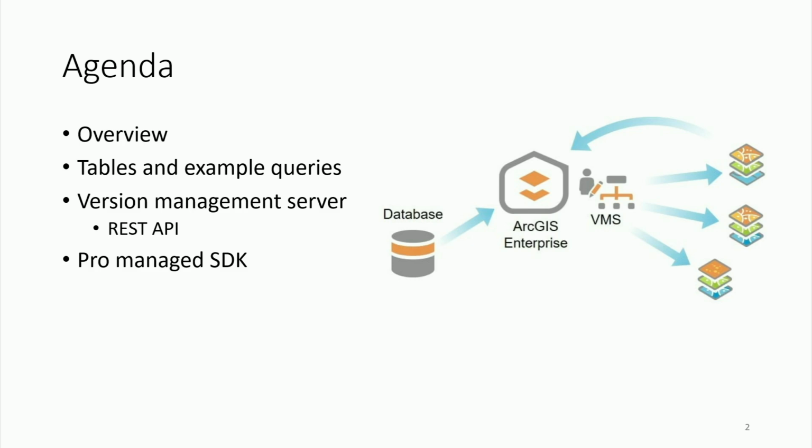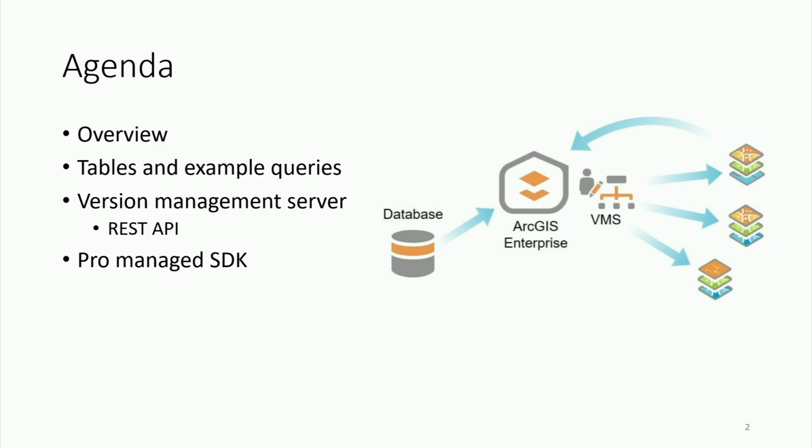What are we going to talk about? We'll do a basic overview, and tell you some of the motivations behind why we created the second versioning model. We'll look a little bit at the tables in the background and go through a couple of example queries that are representative of the type of SQL queries you may see flying through your system when we're doing moment queries and whatnot, either in default or a branch.